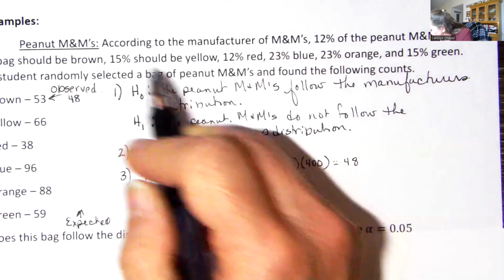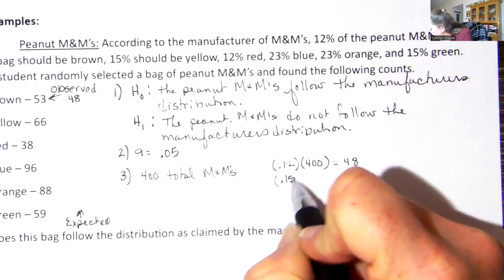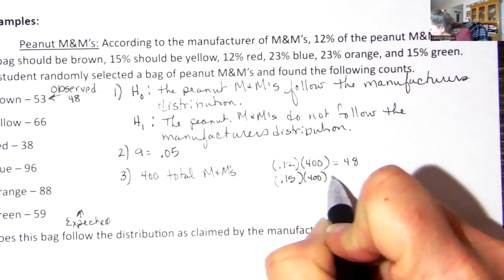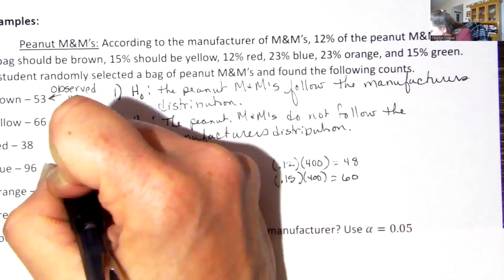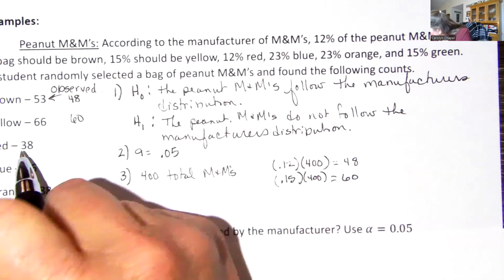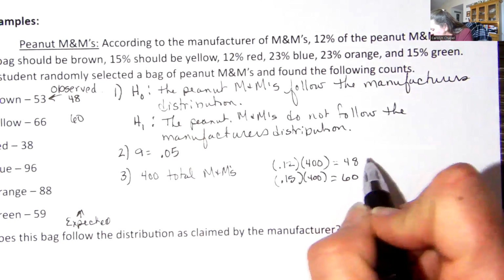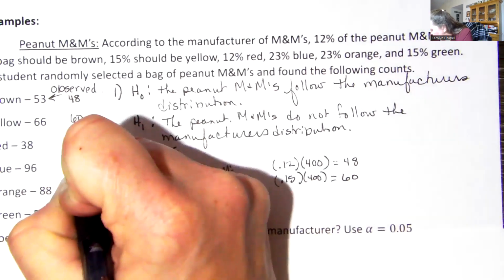Yellow, we had 15%, so 15% times the 400. That gives me 60. Red, we expected 12%, which we already did, so 48 red ones.